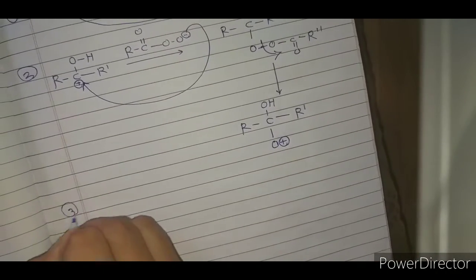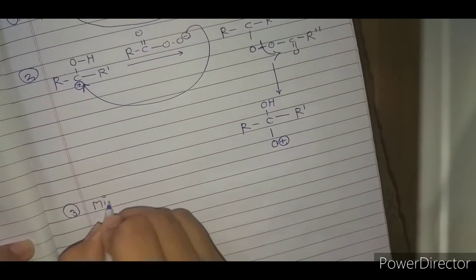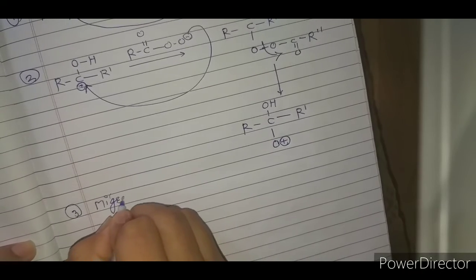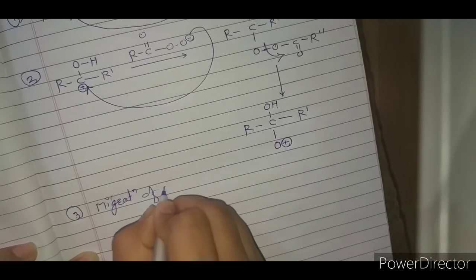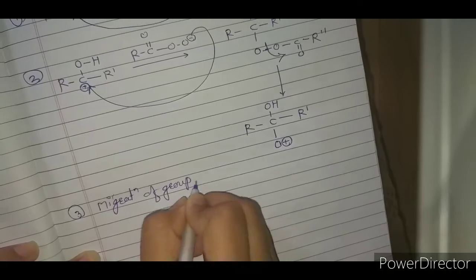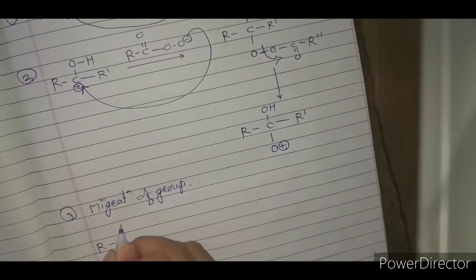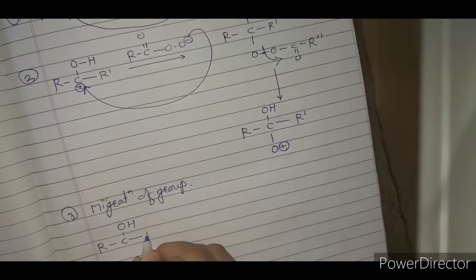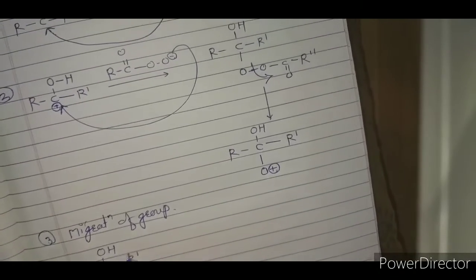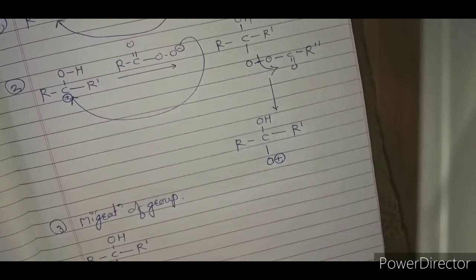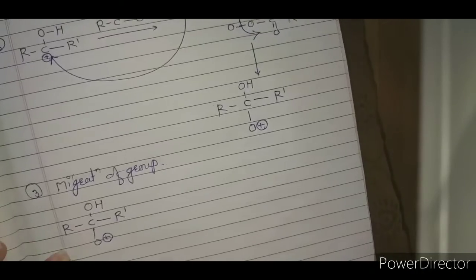After that the migration of group, or migration of alkyl group takes place. In this step what happens?